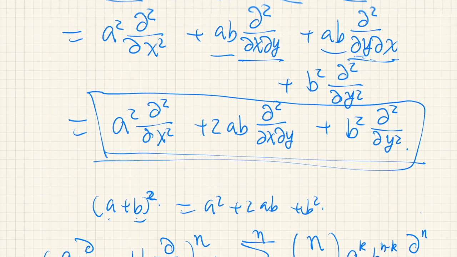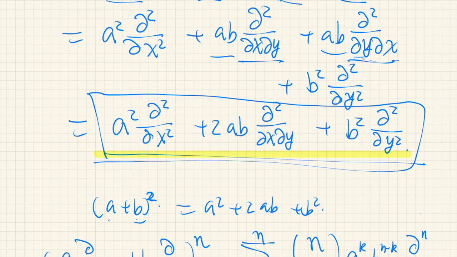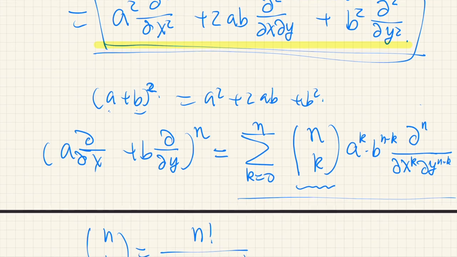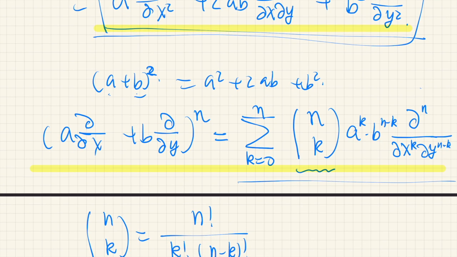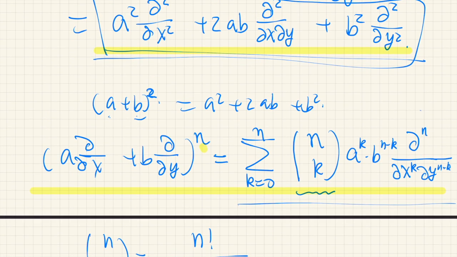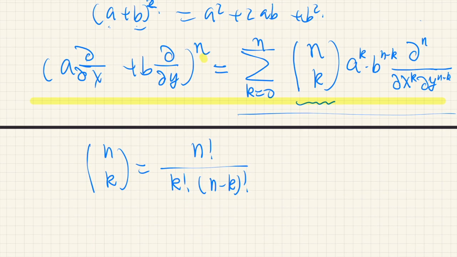And of course, the previous example is a special case of this relationship when n is equal to 2, and you should try that. Of course, you should know that this is only valid for functions of class Cn, n times continuously differentiable functions.